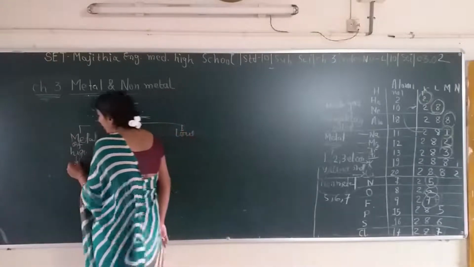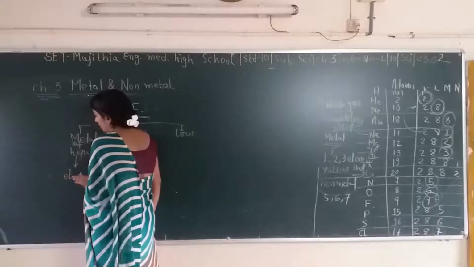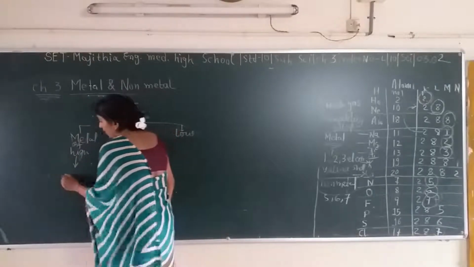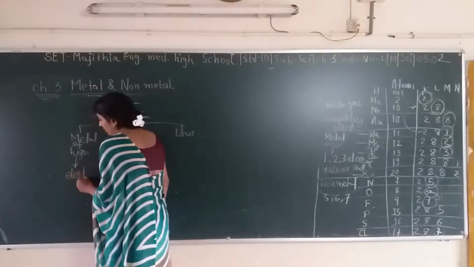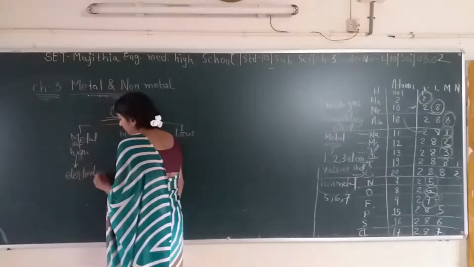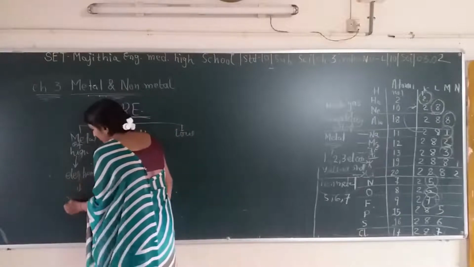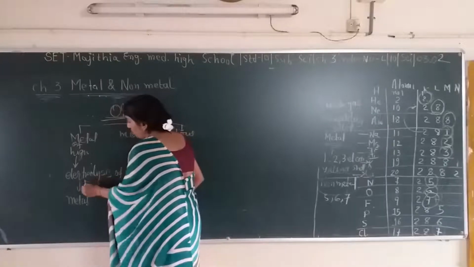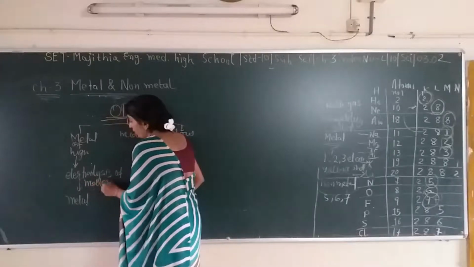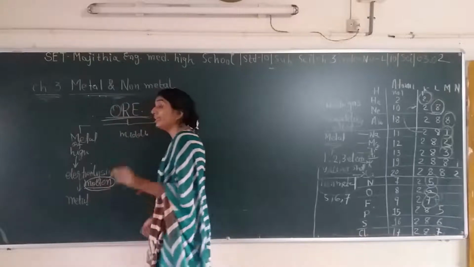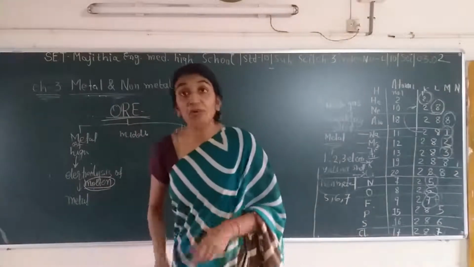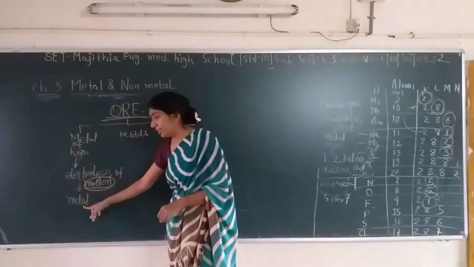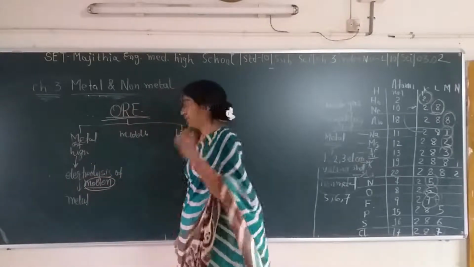The metals of high reactivity are extracted by electrolysis of the molten state. Molten state means you melt it, and when it comes into liquid form, then electrolysis. Electrolysis of the molten state, and we will get a pure metal.